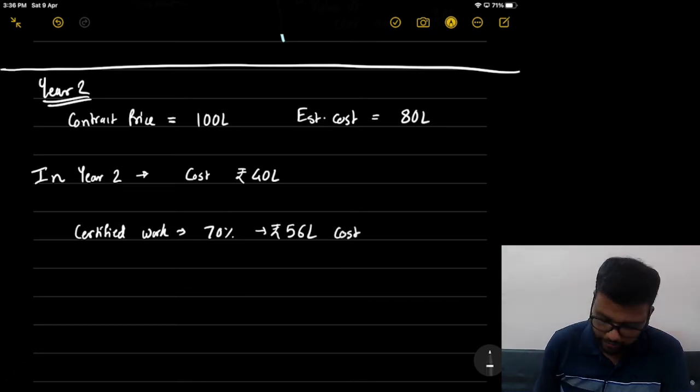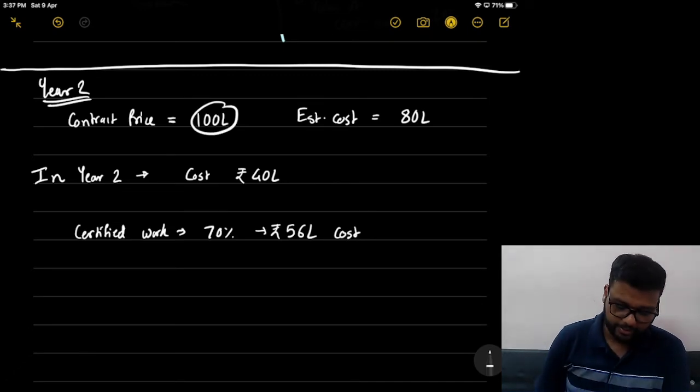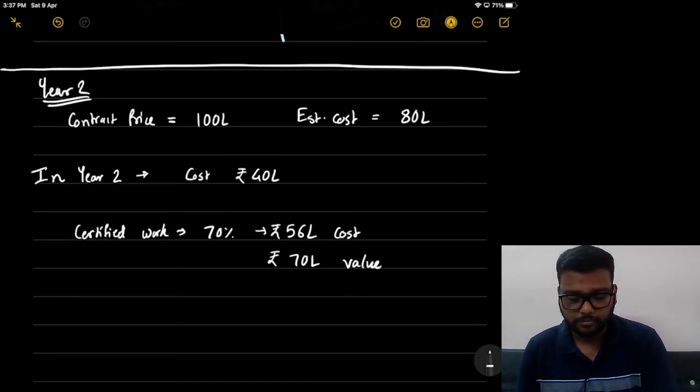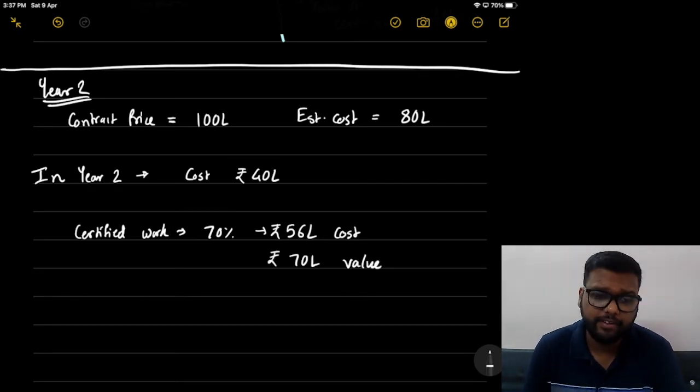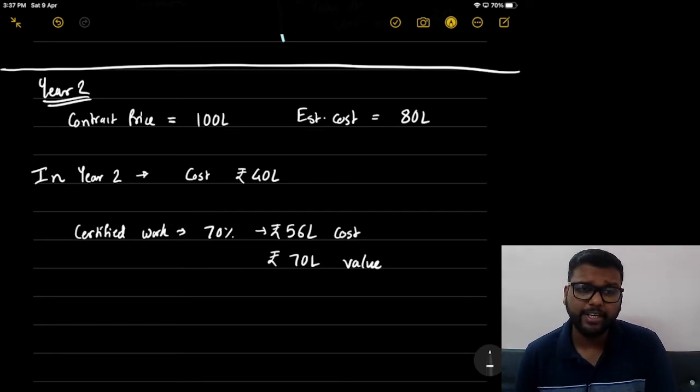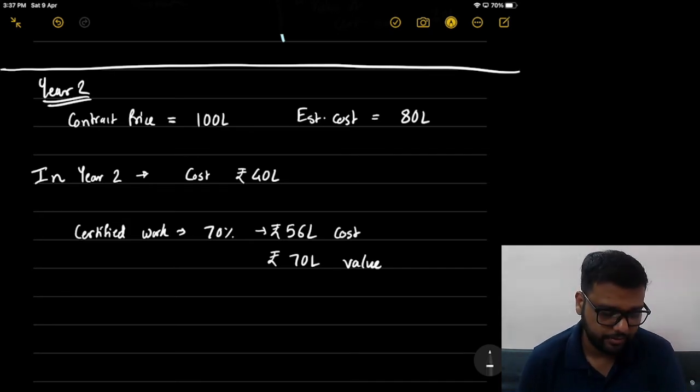And in terms of value, he has certified 70 lakhs, right? Yes. Retention money anyway, does it matter for profit? No. So can anyone tell me how much profit should be recorded in the second year?